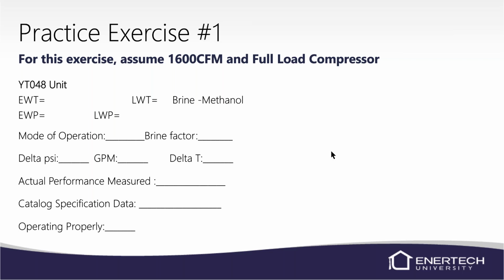We're going to assume 1600 CFM and a full load compressor. This is the YT048, a packaged unit. If you've installed our units before, this is probably our most popular packaged forced air unit right now. Before it was the XT; the YT is normally what you'll use for a packaged unit.